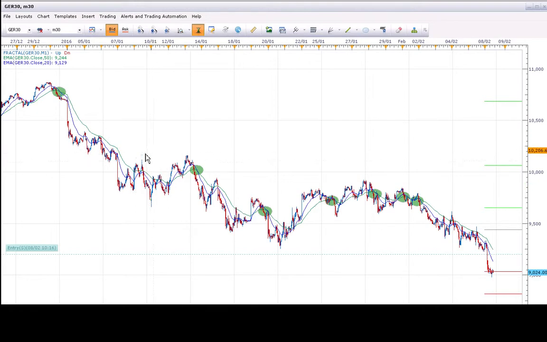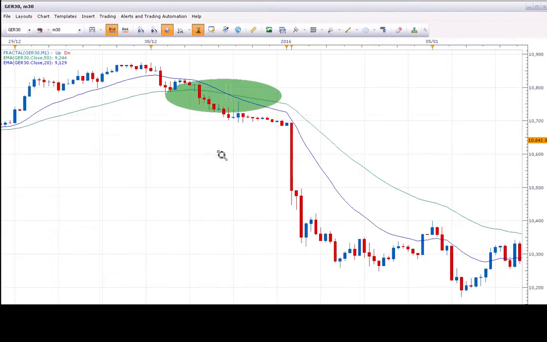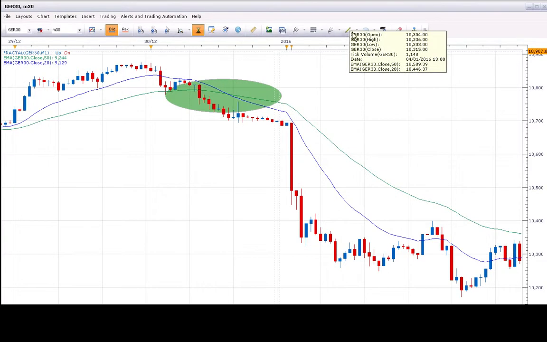So let's just take a look at a couple of these as an example of what you might do with your entries and your exits for how to actually trade them. So let's go and take a look at this one first. Okay, so it crossed there. So what you would do is you would say to yourself, right, well, as soon as I have had my candle close and the line has crossed and it's confirmed that it's crossed, I'm going to enter the trade.